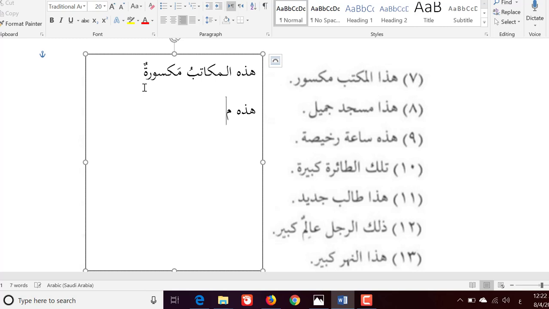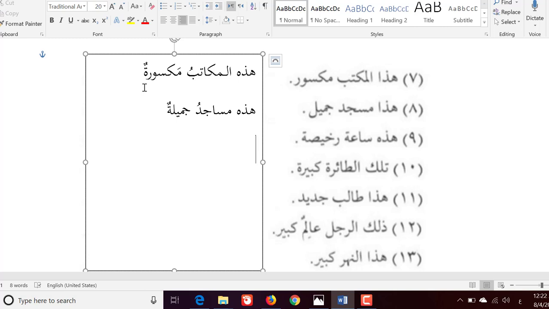So we would say هذه مساجد جميلة. Jamilatun. Okay, so these are beautiful masjids. So the first one, these desks are broken, and here these are beautiful masjids, because masjid is not a bedel, it is the predicate because there's no alif lam on it. Okay, so I had to make that correction myself.